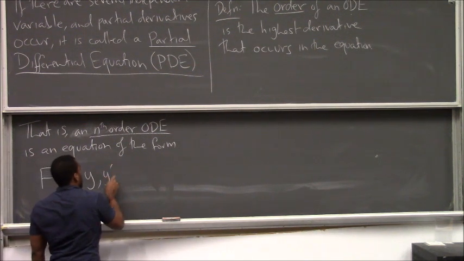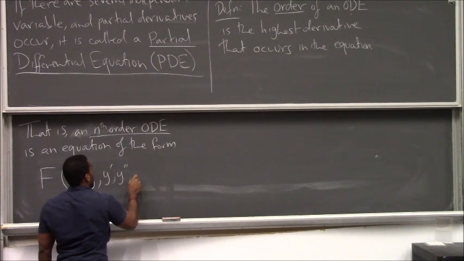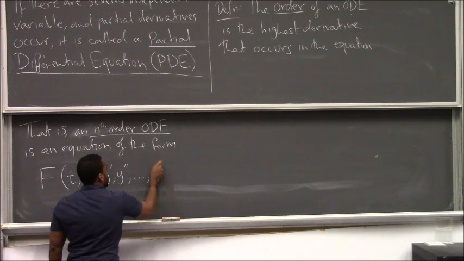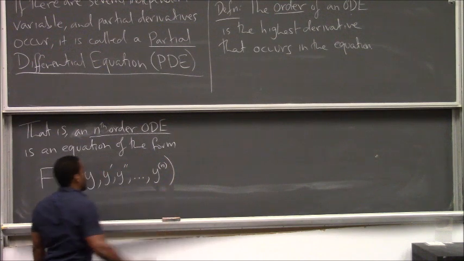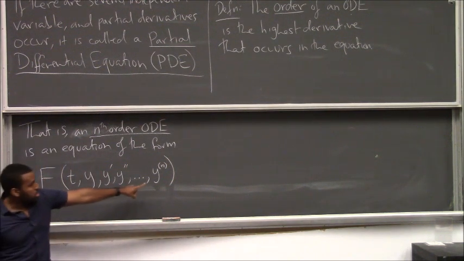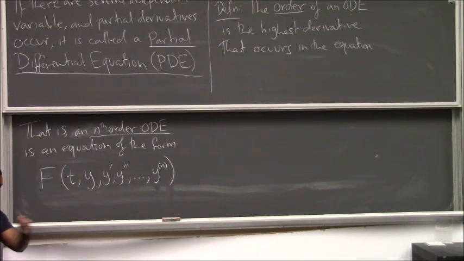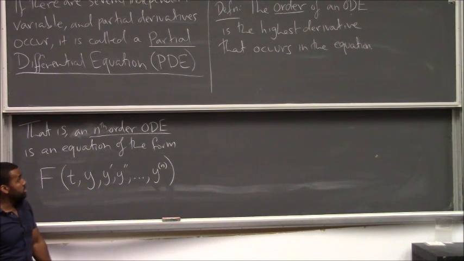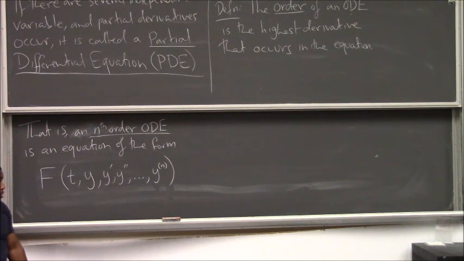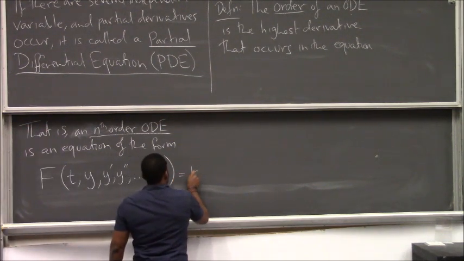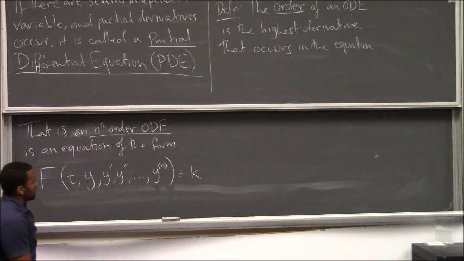Then you have y prime, y double prime, dot, dot, dot, all the way up to y to the nth derivative. So if the fifth derivative is the highest derivative that you see in the equation, that defines the order of the differential equation. So I can say that's a fifth order differential equation. Equals some constant.